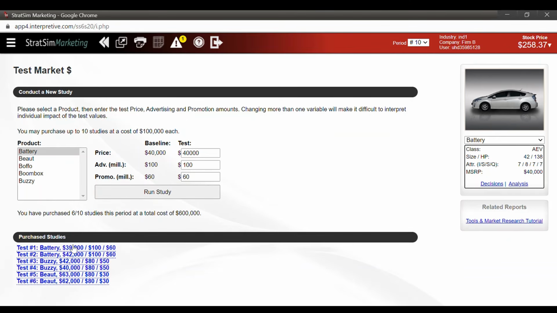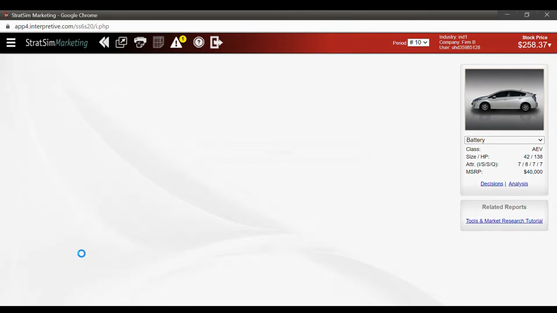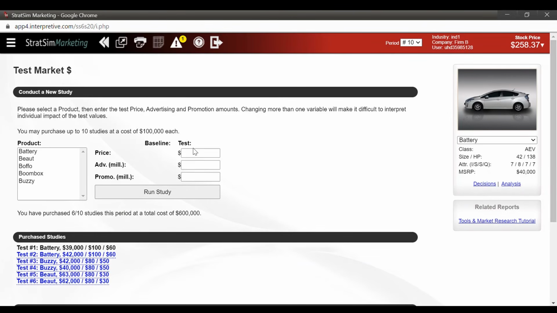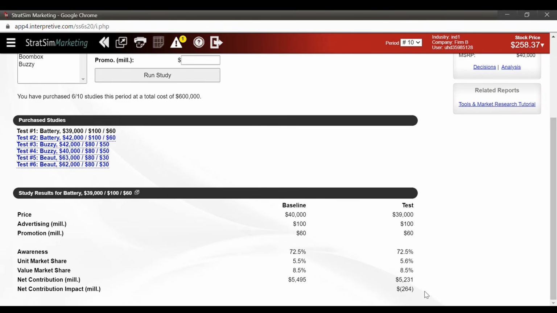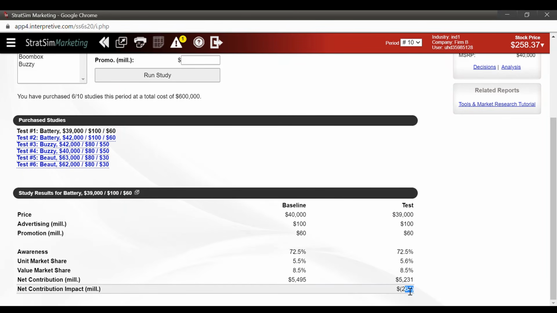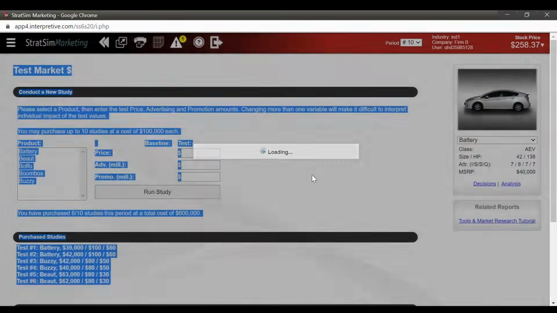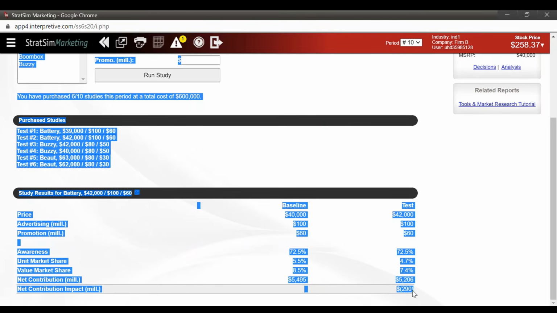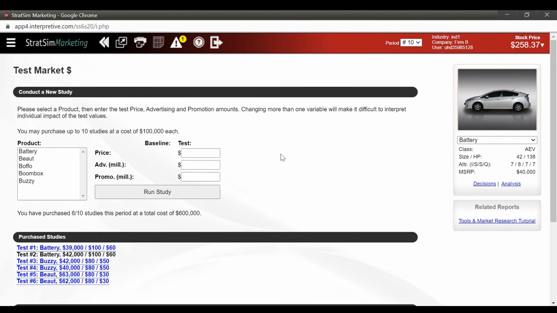If you want to consider lowering or even raising the price, you can run that test and it'll tell you whether you make or lose money. So at 39, reducing the price was going to lose money. Increasing the price from 40 to 42 was also going to lose money. So the best thing to do is to keep it at 41,000.